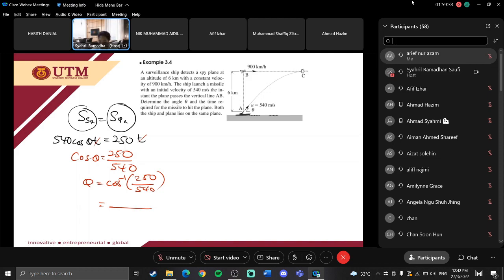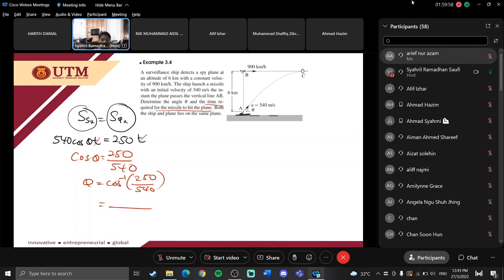Alright, so then what you need to determine is the time required for the missile to hit the plane. So you need the information of the time. The time B to C and A to C is the same.